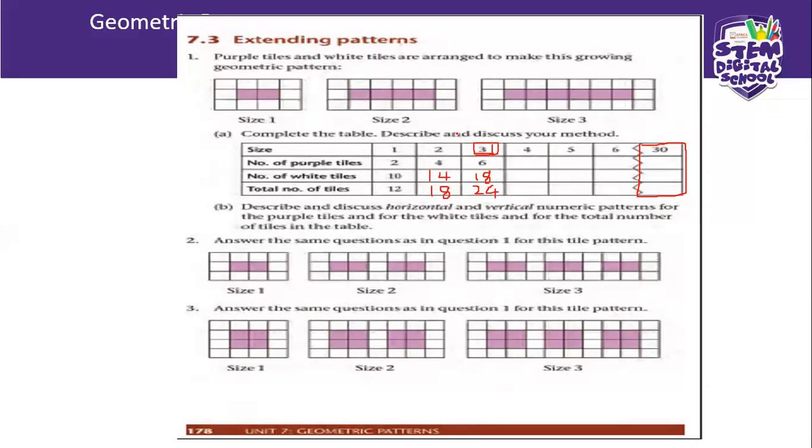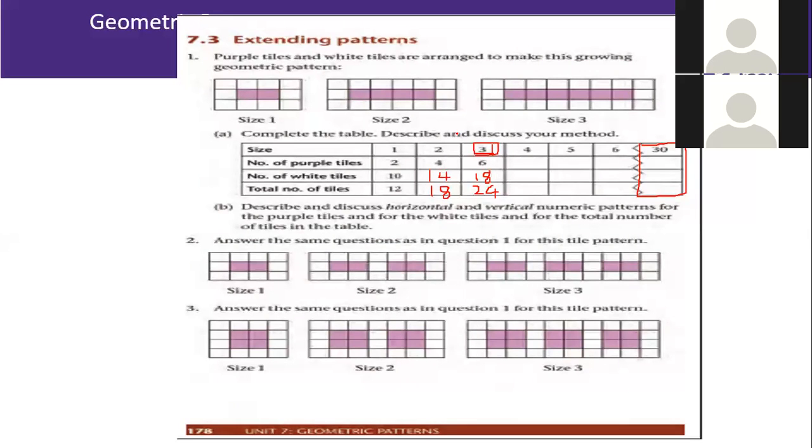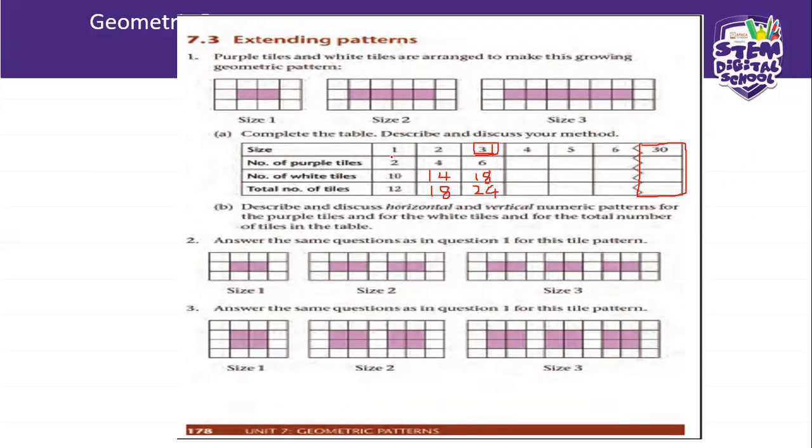Look at size 1. How would I, looking at the number 1, get the number of purple tiles? Let me find the right way of asking this. Normally I'm used to asking it in another language. Okay.